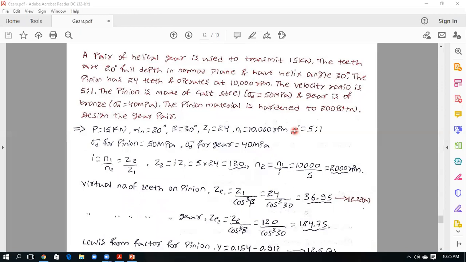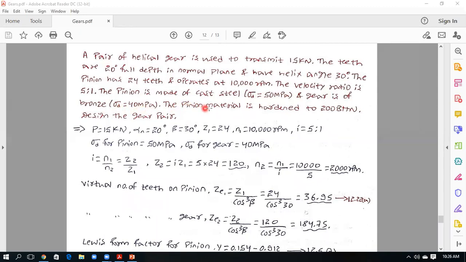And he has given the material which is used for the pinion and gear. The pinion is made of cast steel, and he has given the allowable static stress. Sigma d is nothing but the allowable static stress. It is given as 50 megapascal, and the gear is of bronze, and the allowable static stress for the gear is 40 megapascal.